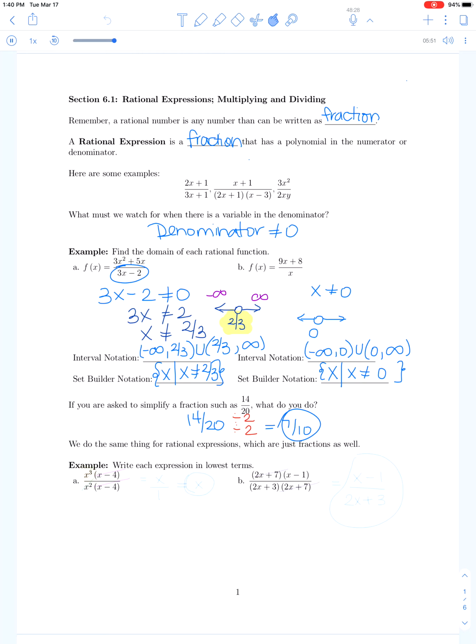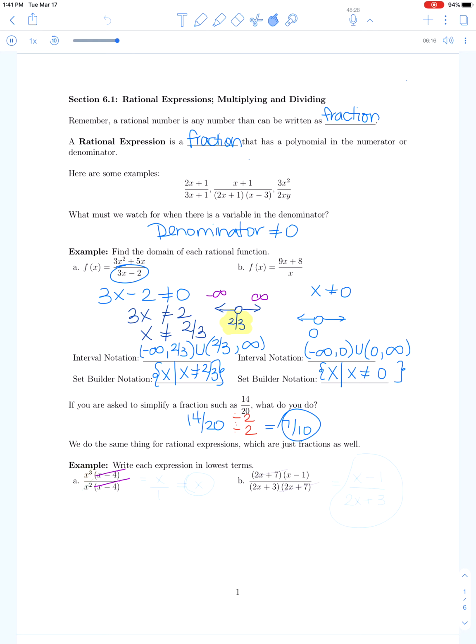For example, if you look at problem A here, it is already factored, so we can look at what can possibly cancel for us. Notice the x minus 4 on the top and the bottom are identical. So we can go ahead and cancel those out because there's one on top and one on the bottom.